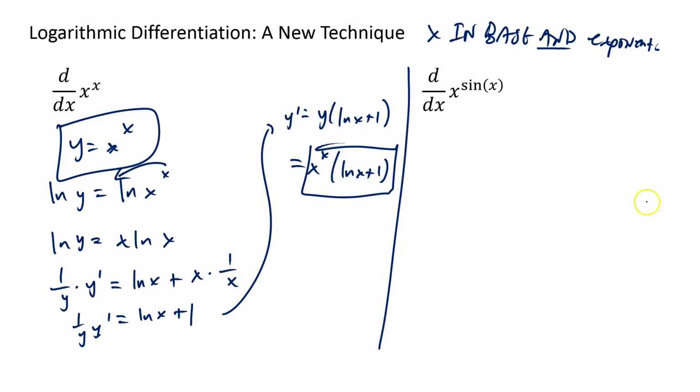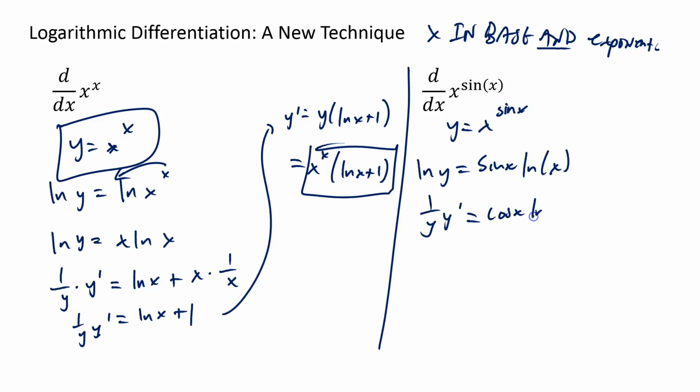Let's try it with this one over here. If you want to try it first, go ahead. Let's try this together. So we're not taking the derivative yet, but we're going to set y equal to x to the sine x. Now we'll take the natural log of both sides. So we have ln y equal to sine x ln of x. Hopefully that was okay. I just took the natural log and then moved the exponent to the front. Now we take the derivative of both sides. 1 over y times y prime, that is always what you'll have on the left, equal to, let's take the derivative of sine first.